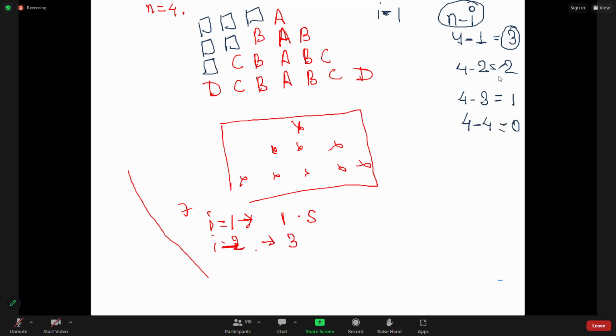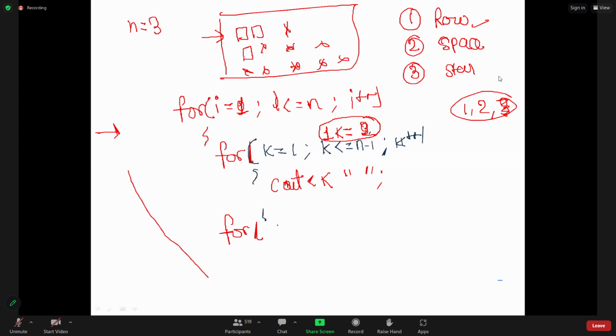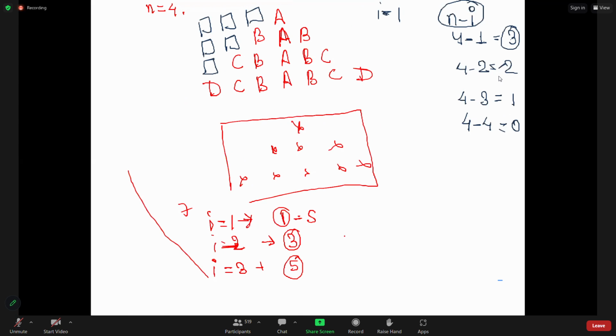What is the relation between I and number of stars? One of the students has already posted the solution in the group. So the relation is row 1 one star, second row 3 stars. I can make the relation as 2 into I minus 1. If I is 1, 2 into 1 will be 2, 2 minus 1 will be 1.